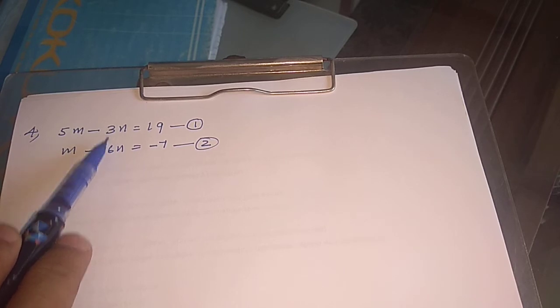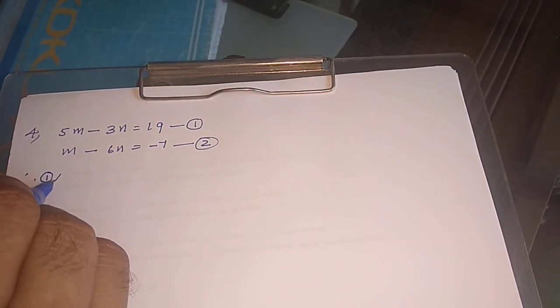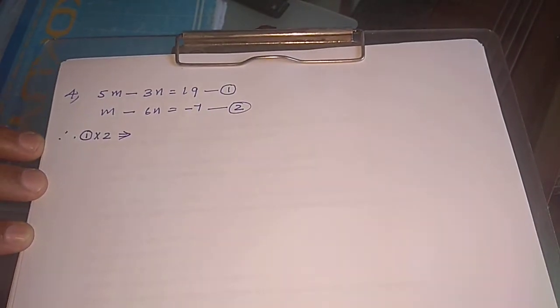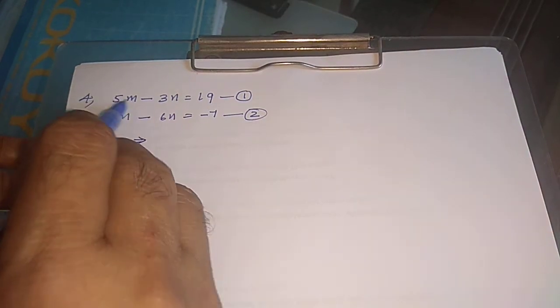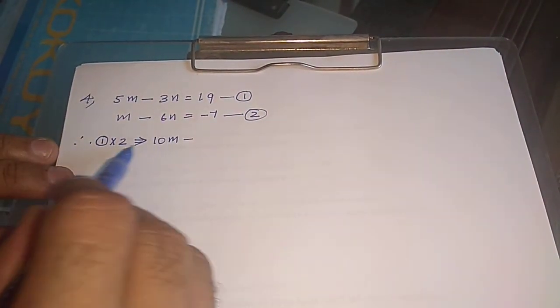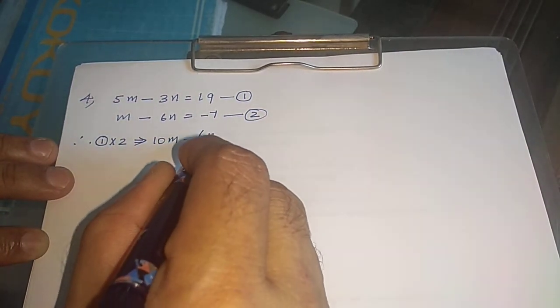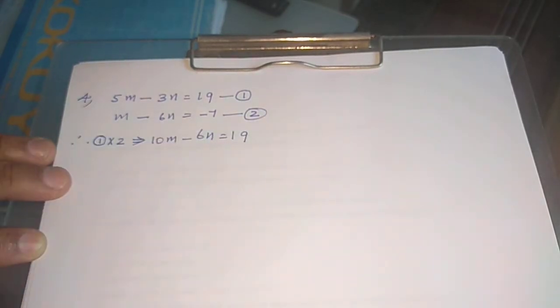Here we have 3n, and we want to make this 6n, which means we multiply by 2. 2 times 3 is 6. The n coefficients are made equal, then we can get m. So we think in that way. Therefore equation 1 multiplied by 2 gives us what? 2 fives are 10m, minus 2 into 3, 6n, equal to 19.